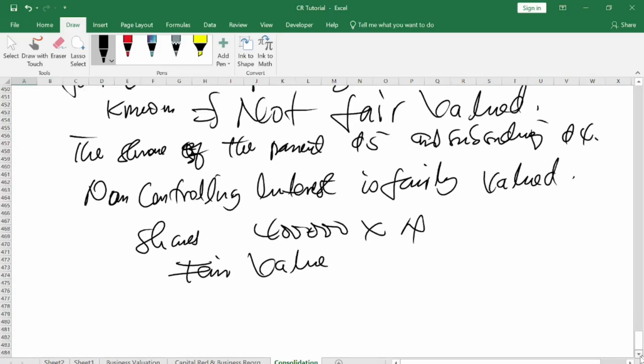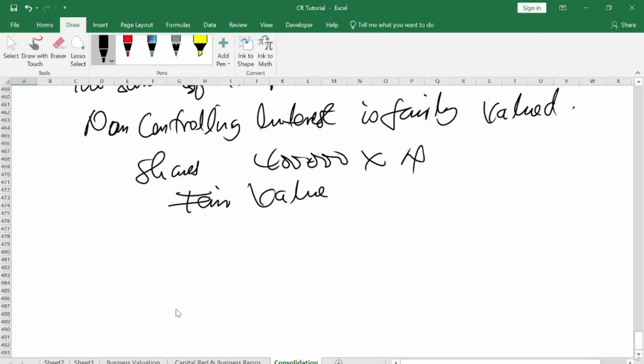So here, if we are using the proportionate method to determine the goodwill of the business combination, how do we go about it?